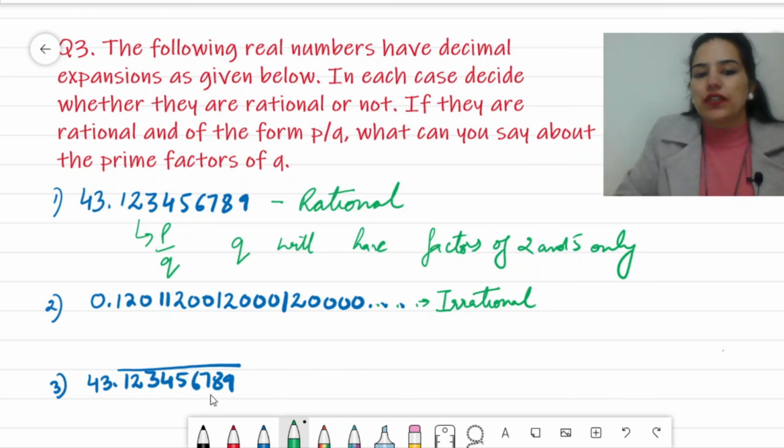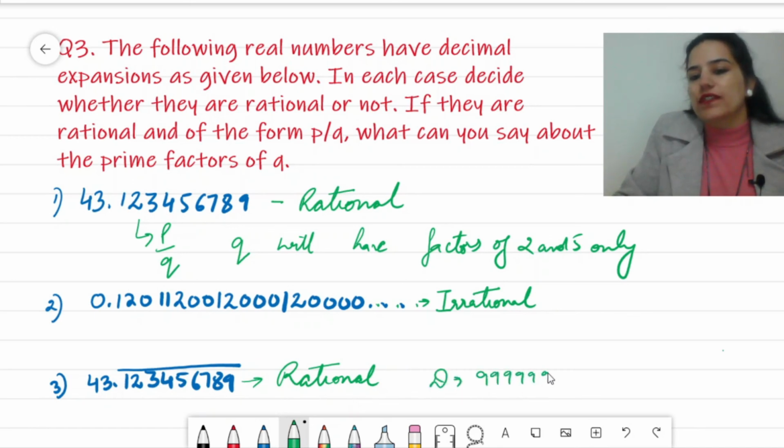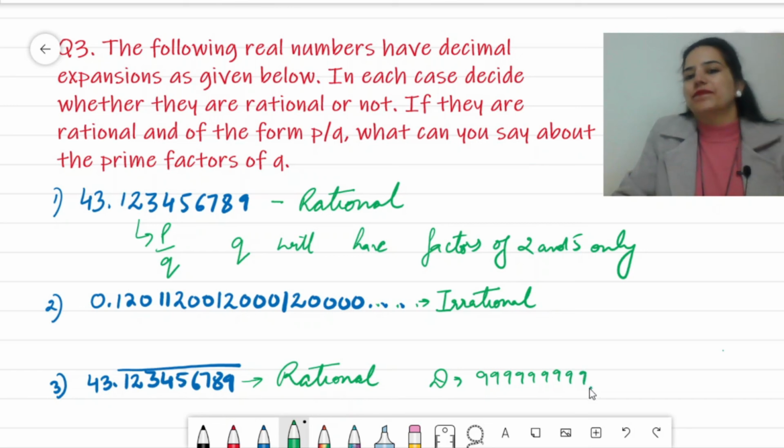Like the last one here, it is not terminating, but it is repeating. Even the repeating type is a rational number. And yes, the denominator is very much possible here. What is the denominator? Can you guess? It is 1, 2, 3, 4, 5, 6, 7, 8, 9. So the denominator here is actually 1, 2, 3, 4, 5, 6, 7, 8, and 9.